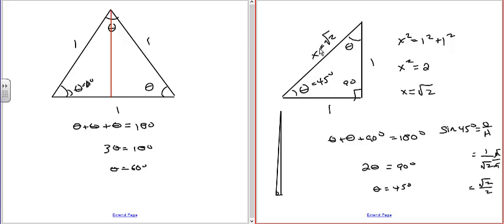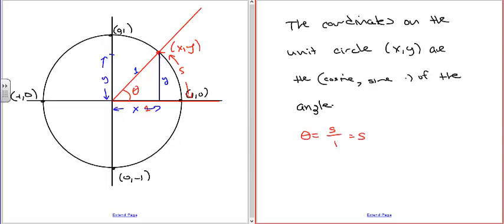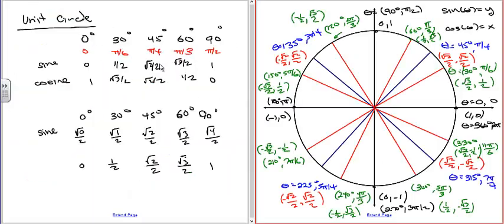That gave us the hypotenuse was equal to the square root of 2, in this case, because I made the two sides 1, the hypotenuse was the square root of 2 using the Pythagorean theorem. Therefore, the sine was equal to the square root of 2 over 2, and the cosine was equal to the square root of 2 over 2. Okay, so that allowed us to fill out these two values.